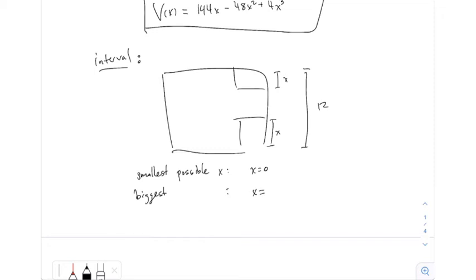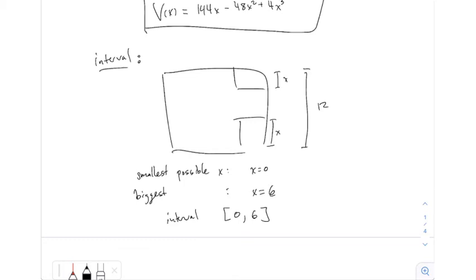Just looking at the picture, x equals 6 would in theory be the biggest possibility for x. You couldn't get any bigger than that. So my interval is going to be 0 to 6. Because of the geometry, I know ahead of time the maximum volume will not be at 0 or 6, because those are both going to be 0 volumes. It's going to be somewhere in between.